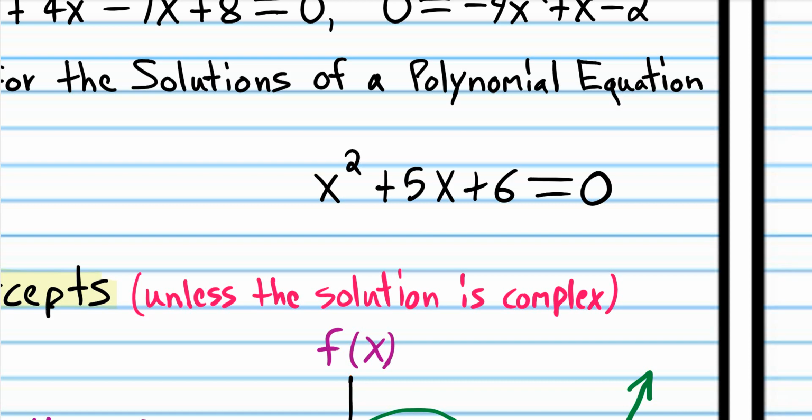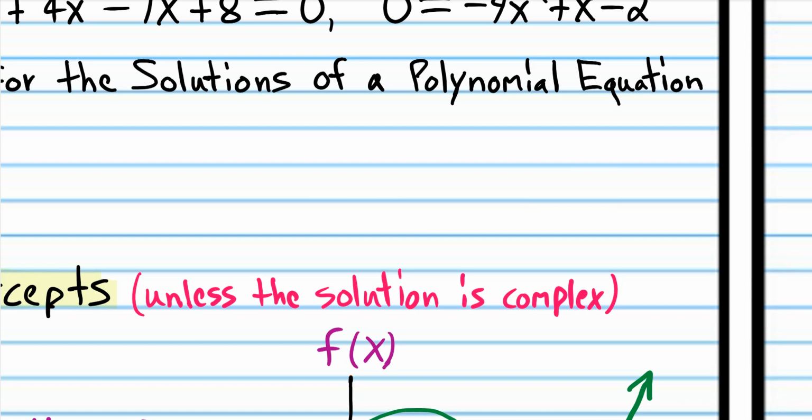But when we have polynomial equations where the degree is 3 or greater, we're not going to use formulas to solve because the formulas are going to be too tedious to use. There are formulas for degree 3 and degree 4 polynomials, but they're too difficult to use.